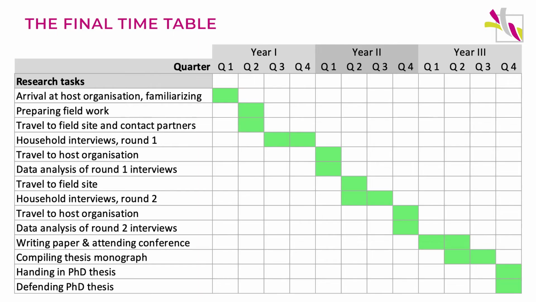So in the end, you have a list of tasks that is doable and that ends with the handing in of your thesis and the PhD defense. And now, when you have compiled this table, you make a small X, or you color the cells for the months in which those different tasks are to be executed.